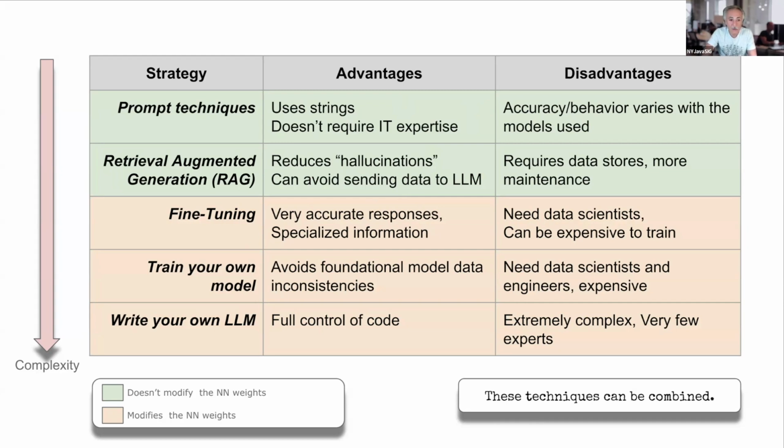And RAG systems, since they have more context, reduce the chance of hallucinations. Not eliminate, it reduces. It doesn't eliminate hallucinations because language models are probabilistic.